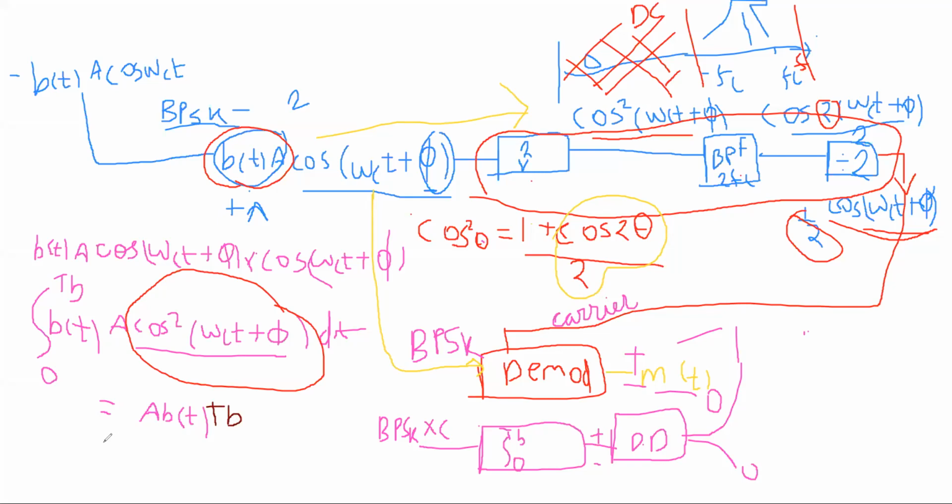So at the output of integration, the value is A b of t TB. This is given as input to the decision device.